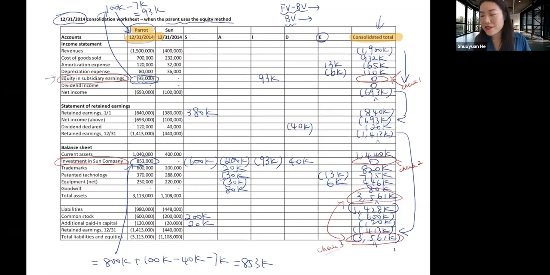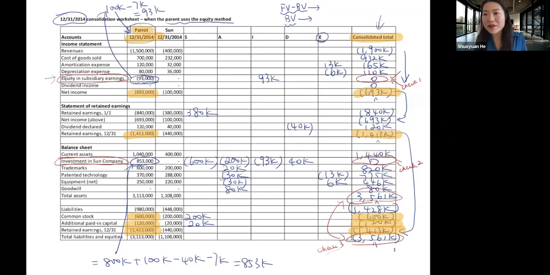So what can you find? If the parent is using the equity method, the parent's net income would be the same as the consolidated total net income. And the parent's retained earnings will be the same as consolidated total retained earnings. The parent's shareholders' equity accounts, its common stock, additional paid-in capital, and retained earnings at the end of the year will be the same as consolidated total common stock, additional paid-in capital, and retained earnings at the end of the year.